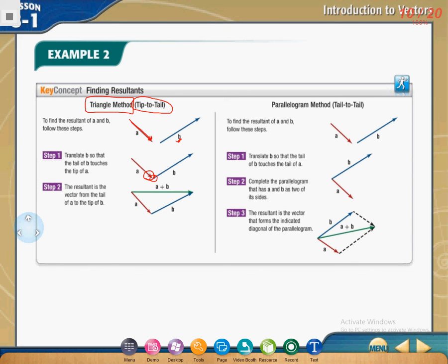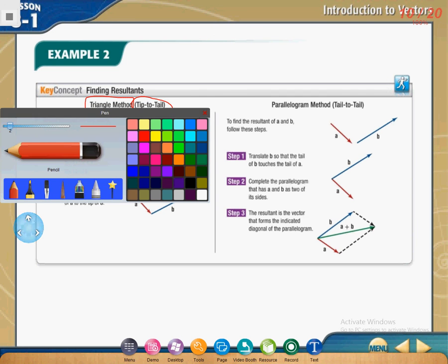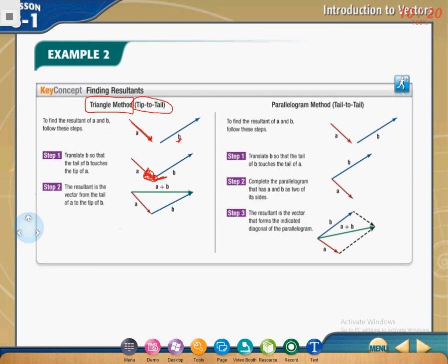Again, this is the tail of B touching the tip of A. So we have one tip and one tail together. Now, can you see the green line here? This is the resultant. We started from the initial point of the first one to the terminal point of the second one. Now, do we have a triangle? Yes, I have a triangle.